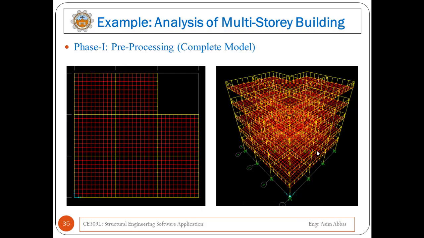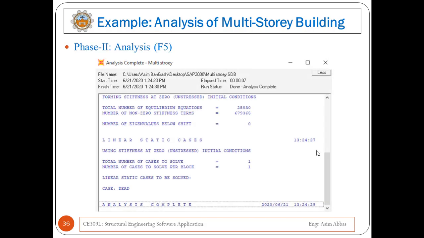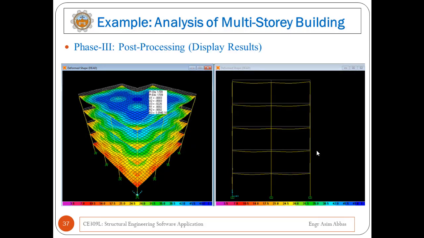The complete model of the multi-story building is shown in this slide, and it is completed in all respects. Once the model is completed, it is ready to run the analysis, so the next step is to analyze your model. Just press F5 for analysis. Once the analysis is completed, you can display different results in the figure. The deformed shape is shown.